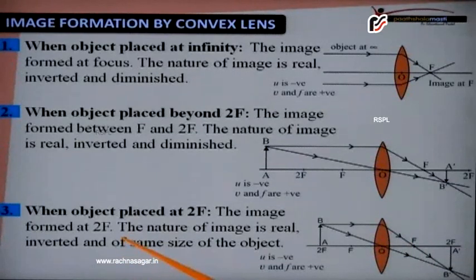Next case, when the object is placed at 2F. When the object is placed at 2F, after refraction the rays meet at a point again at 2F, and the image is formed at 2F. The size is the same, and the nature is real and inverted.